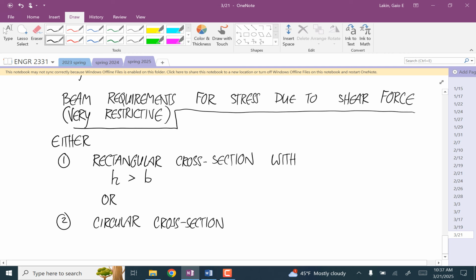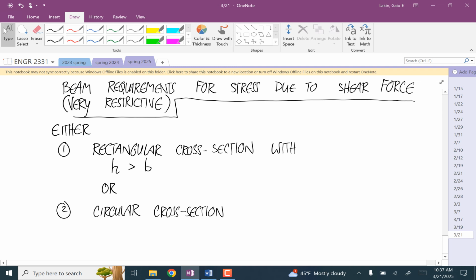If that was the end of it, that would be pretty horribly restrictive already. But if it's a circular cross section, we can only do this at the neutral axis. Does that mean it has to be a solid circle? No. It can be a hollow circle.